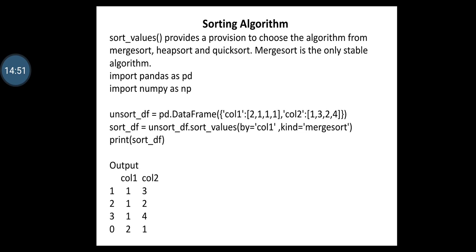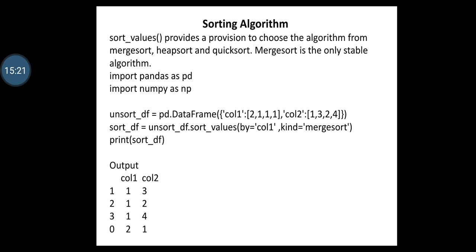First of all we import both libraries as in the previous examples. I am defining the data frame using a variable unsort_df equal to pd.DataFrame, and then the keys as column 1 and column 2, and the corresponding values are also defined, and sort_df is equal to unsort_df.sort_values by column 1.